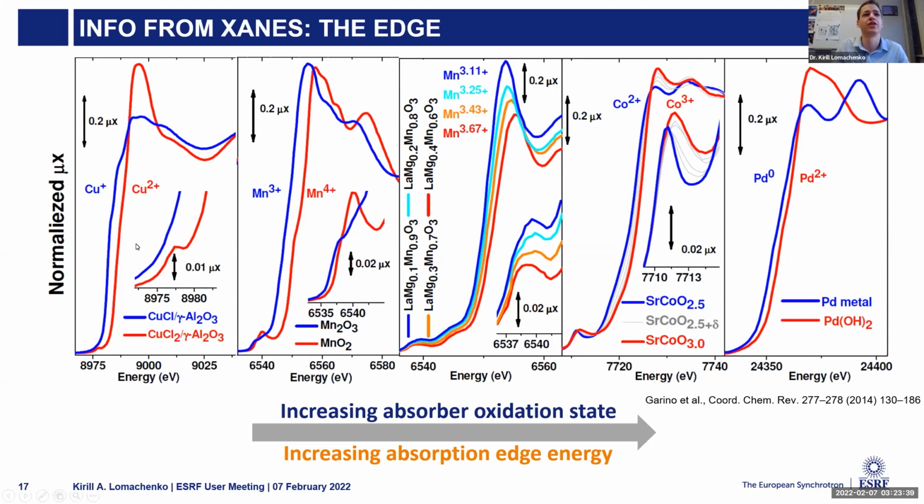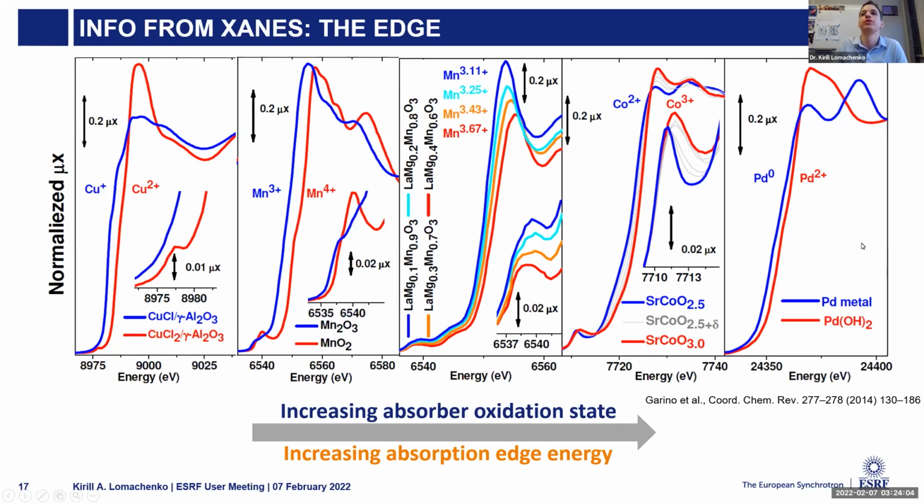So you see here in all these examples, copper, manganese, cobalt, palladium, the species with higher oxidation state has the onset of the edge at an energy that is a little bit higher, which is relatively easy to understand.